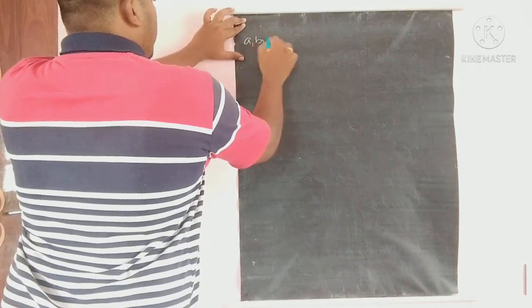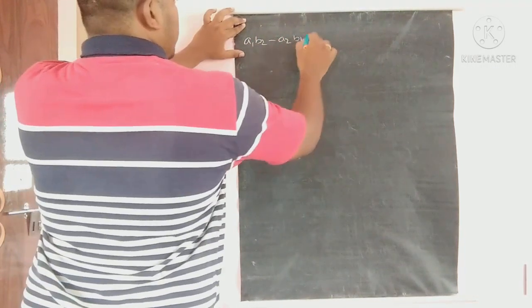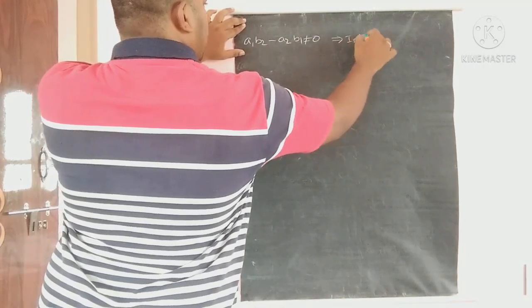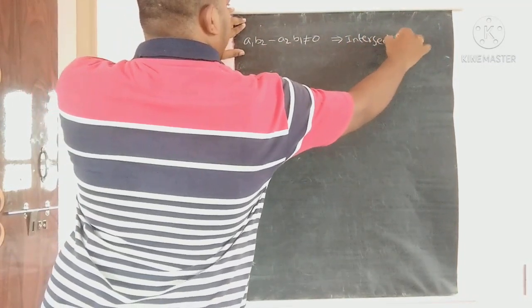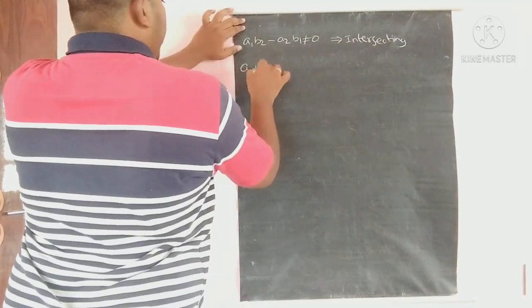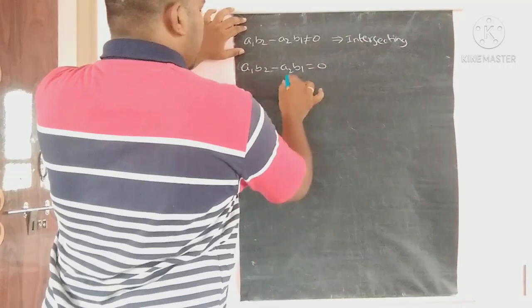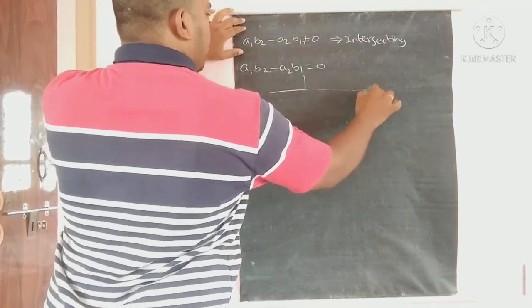If A1 B2 minus A2 B1 is not equal to 0, in such a case it represents intersecting lines. If A1 B2 minus A2 B1 is equal to 0, two cases will come.